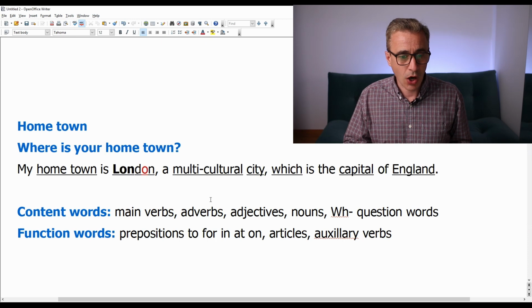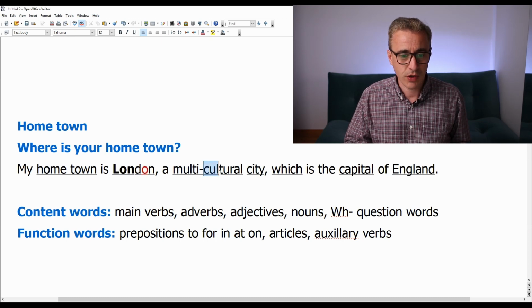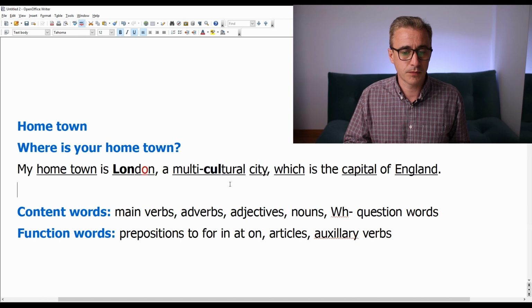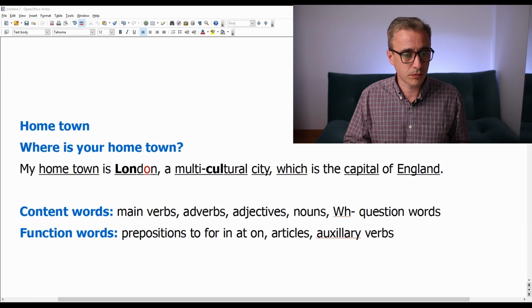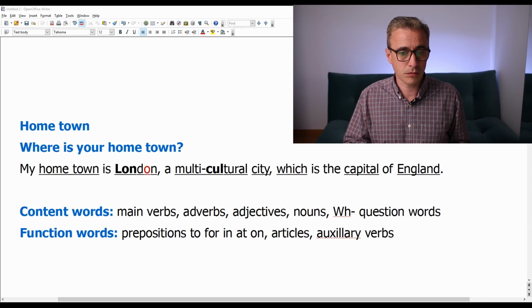So multicultural, so col is the stress here. And we've got a schwa at the end, the last syllable, that's the weak syllable.